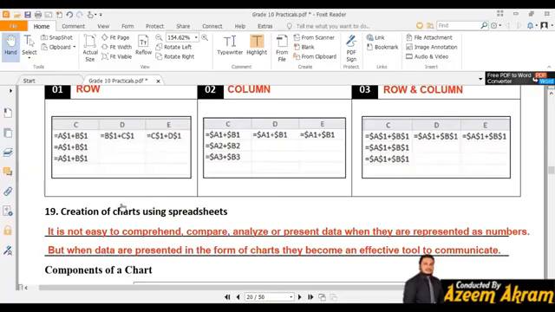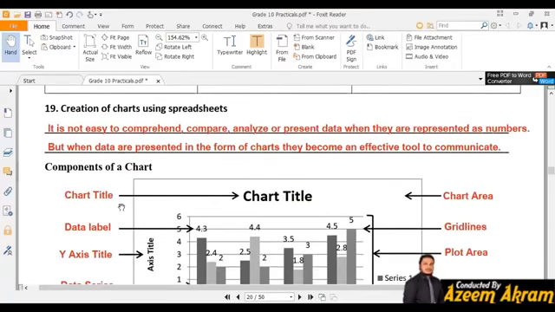Okay. So next we are looking into creation of charts using spreadsheet. So charts means, simply say, graphical representation of a value. If there is some value and it takes a pictorial form, we call it a chart.